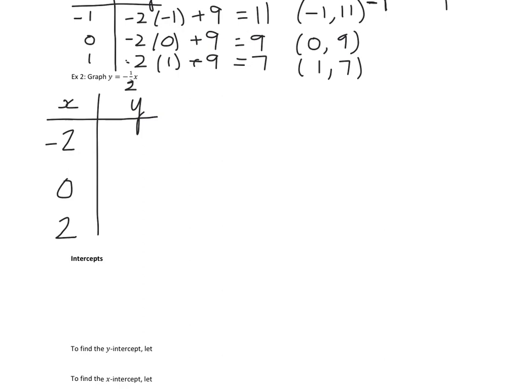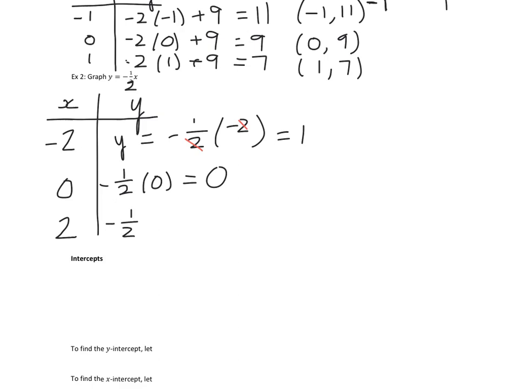Okay, so when we plug in a -2 now, it cancels with our denominator. And then -1 times -1 essentially is +1. So there you go. When we plug in a 0, 0 times anything is 0. And then finally plug in our 2. If it's helpful, remember you can always write 2 as a fraction, so you know what to cancel.